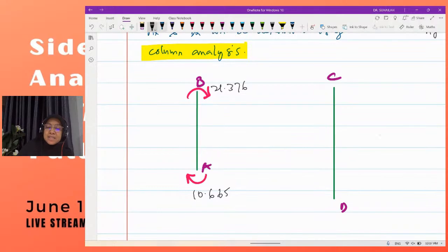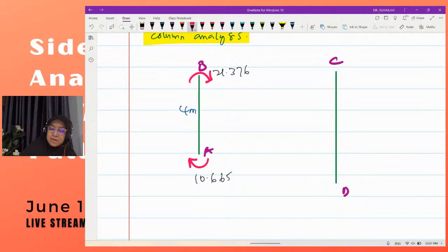The length is 4 meters. And then we have Ax here.